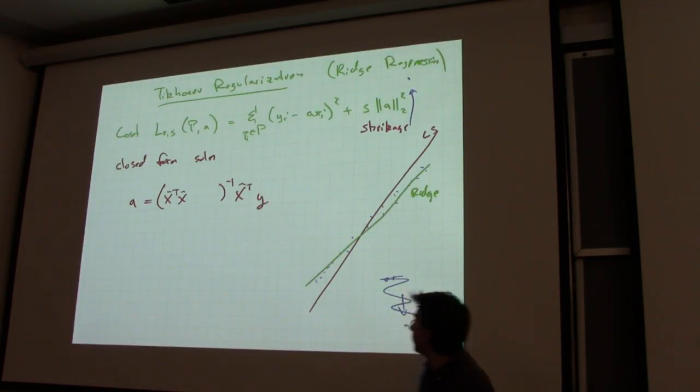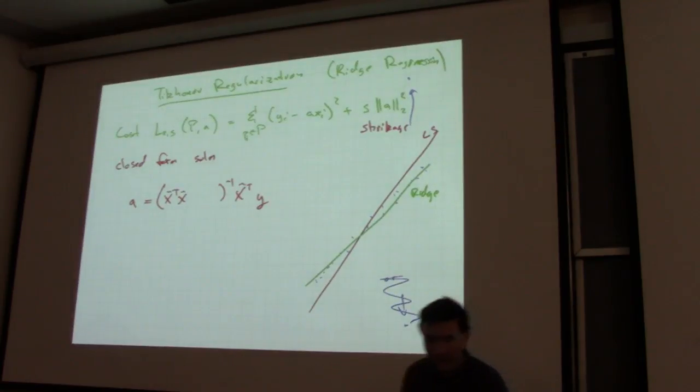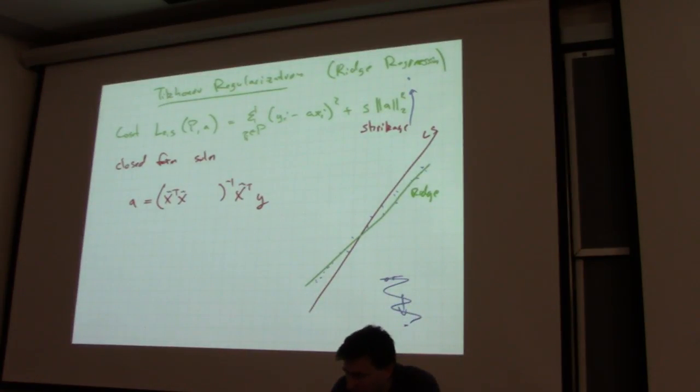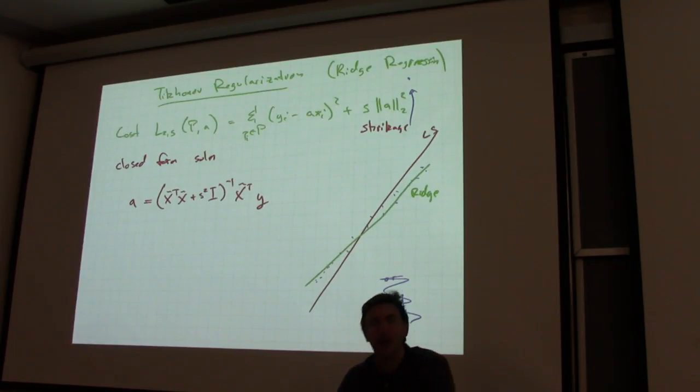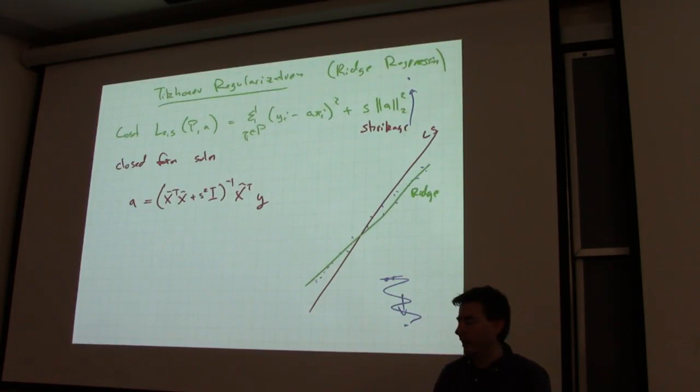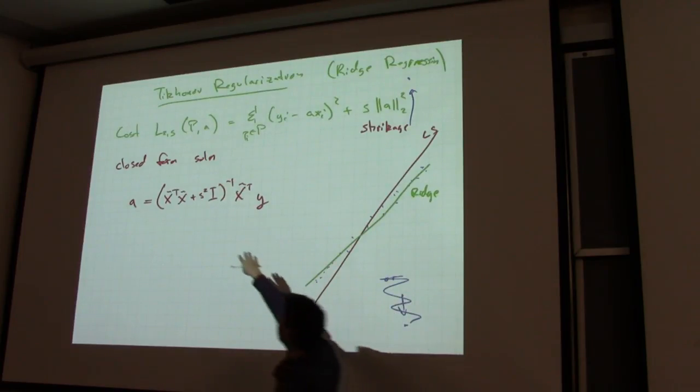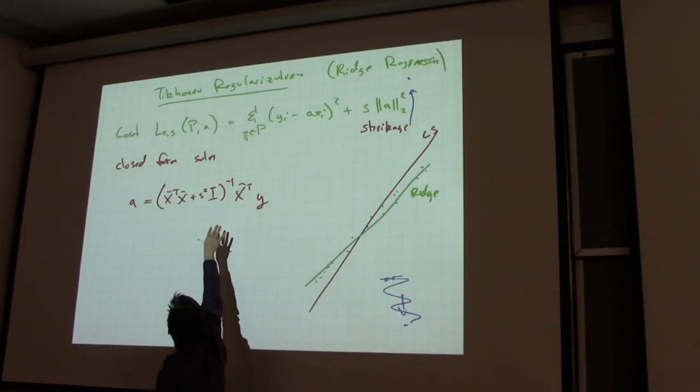Right, so this is what the solution was before, and it turns out to fix it, you're going to add this S squared times the identity matrix here inside of this D by D matrix before the inverse.